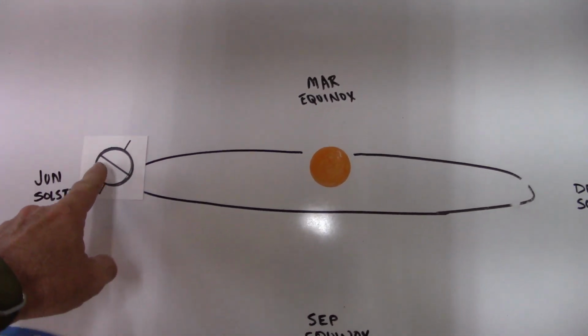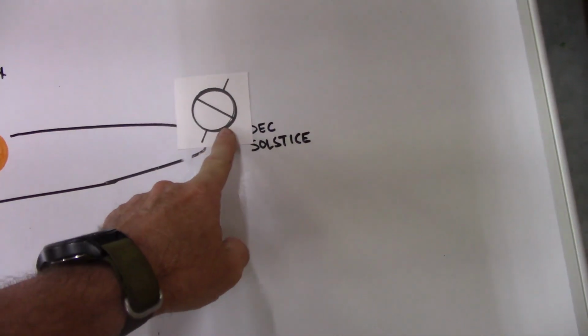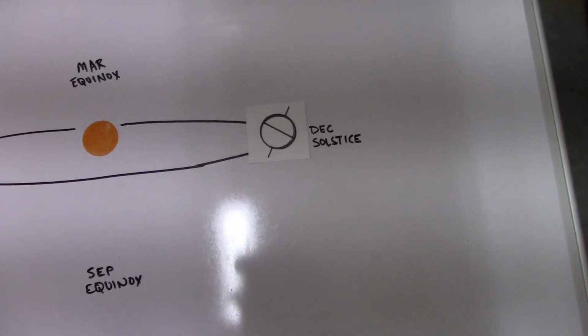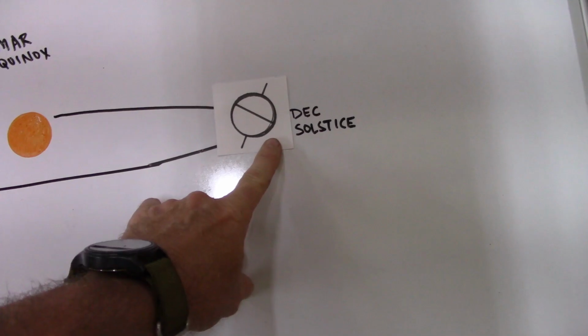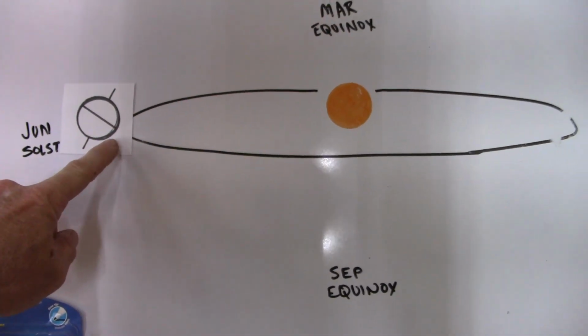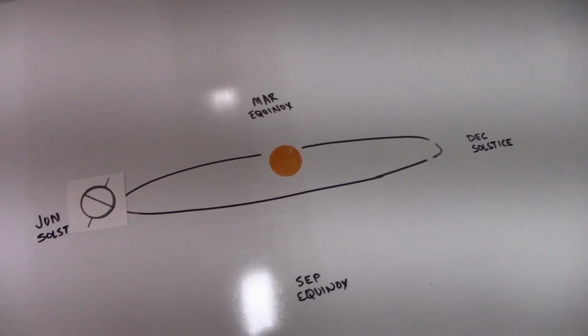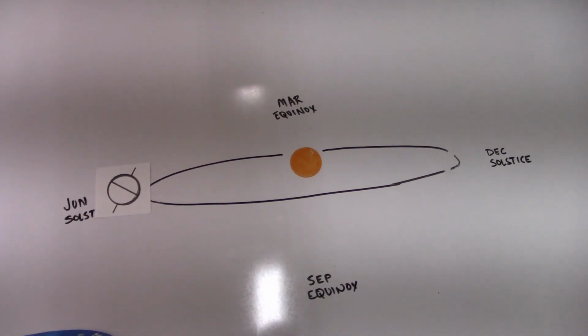So you've got Earth here pointing at Polaris, and then you've got Earth here pointing at Polaris. So what does that tell us about the size of Polaris?